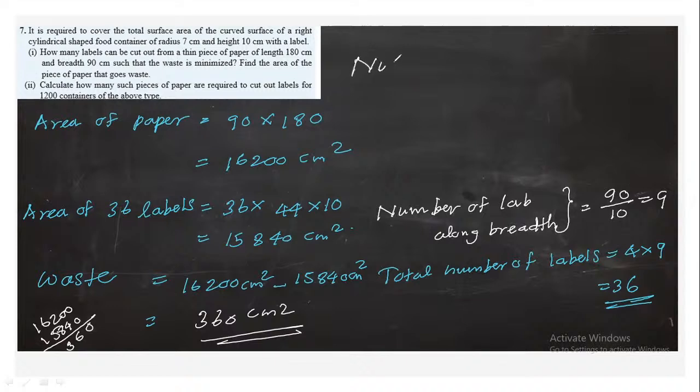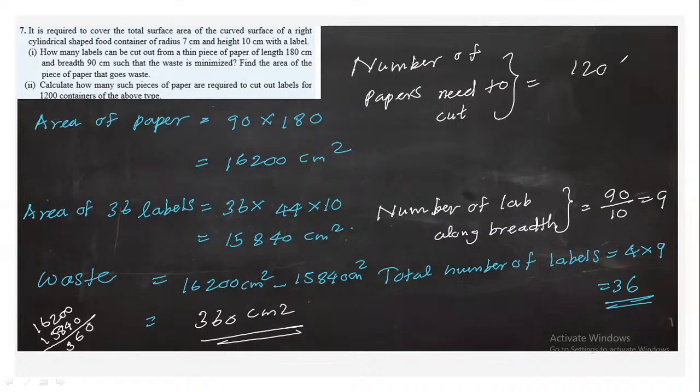Number of papers: 1,200 divided by 36. Hundred divided by 3, that is 33.33.